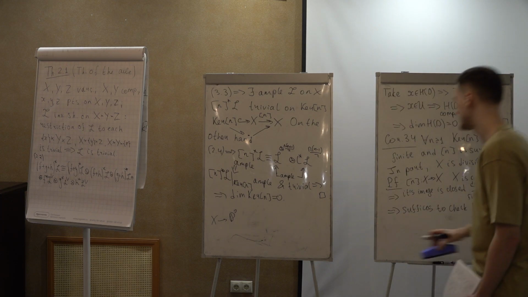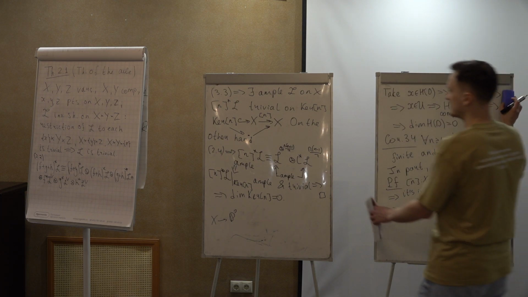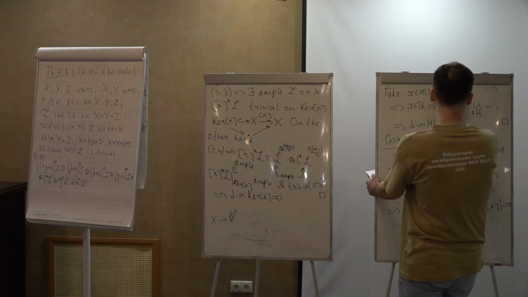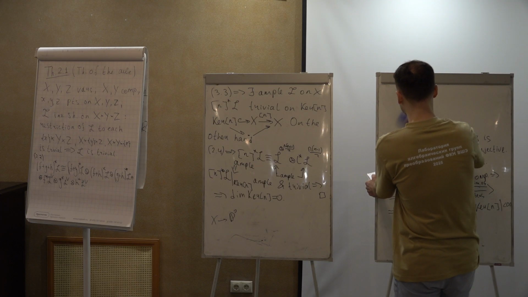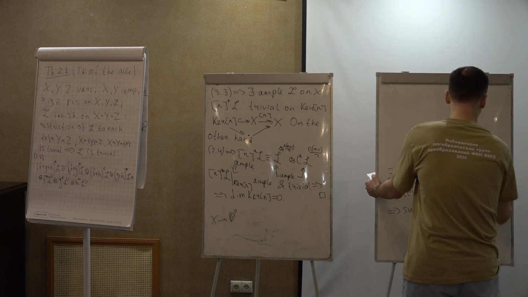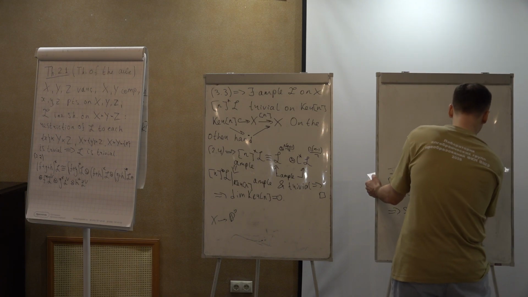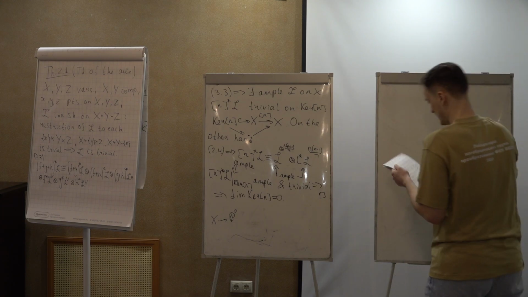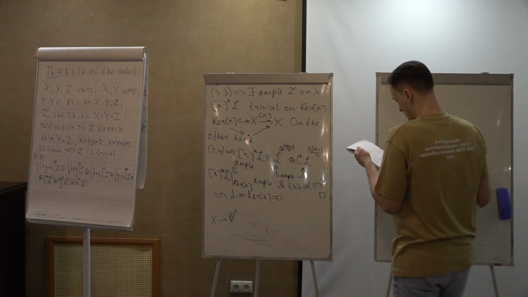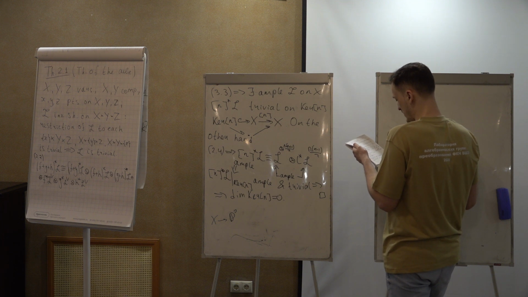So in particular, Abelian varieties are divisible groups. Okay. And a couple remarks here.